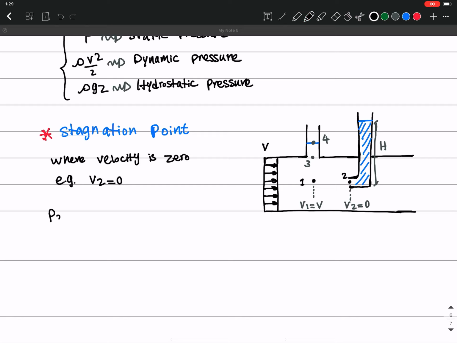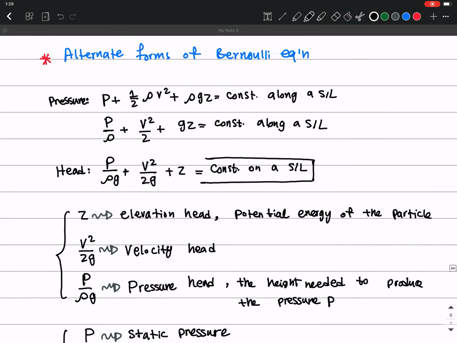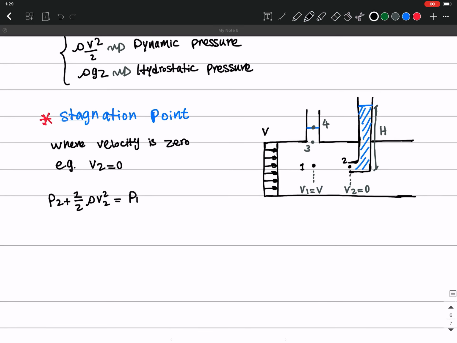So I can write the Bernoulli equation between these 2 points. So P2 plus 1/2 rho V2 squared equals, because it's along a streamline and z is constant for both of them, we have the same elevation, I can just neglect that and not write it down. So it's going to be P1 plus 1/2 rho V1 squared, and this is 0, right?